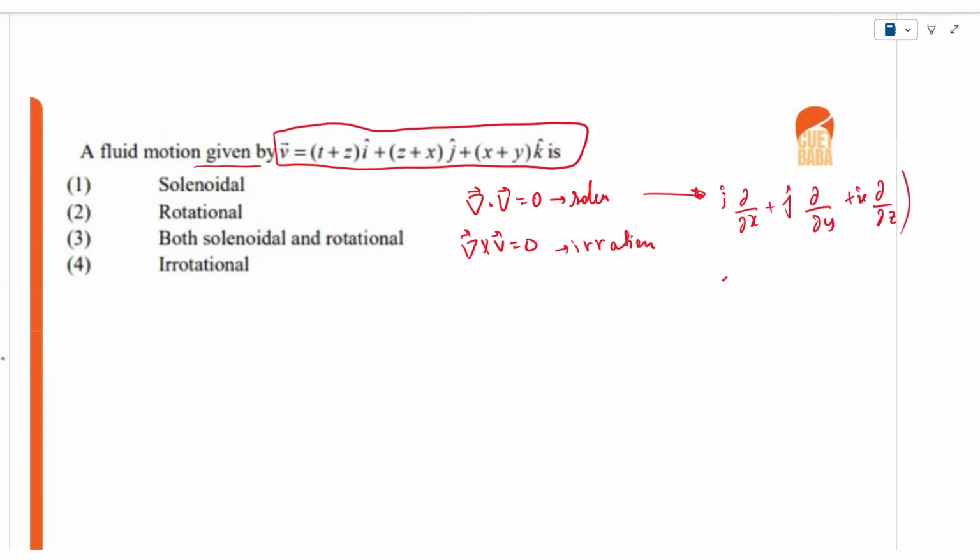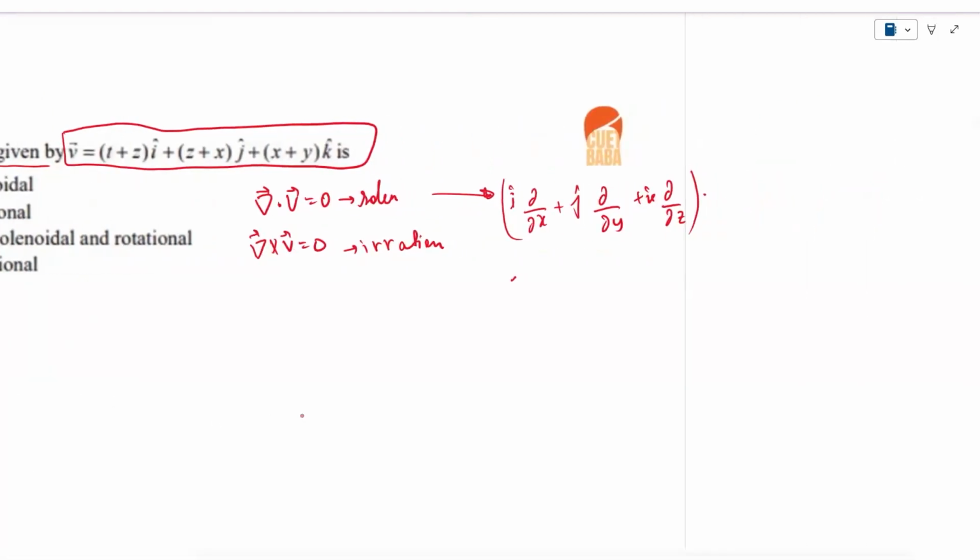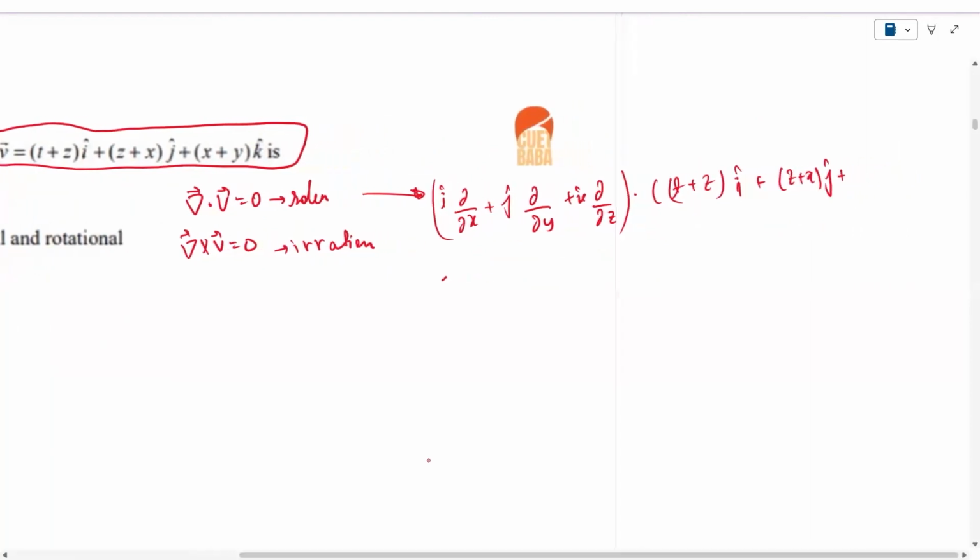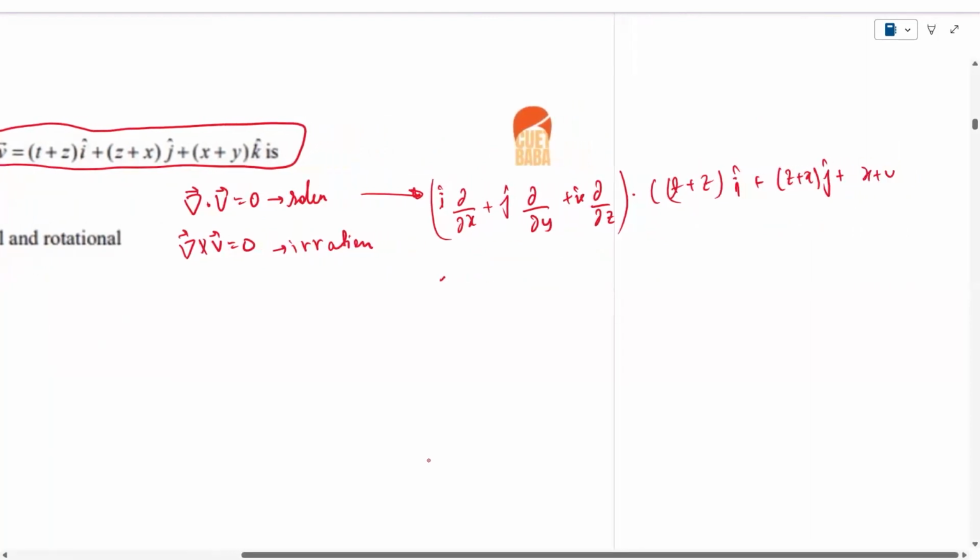So we have to take the dot product with our v vector, and the v vector is nothing but (t plus z) i cap plus (z plus x) j cap plus (x plus y) k cap, right? And we will take the dot product.